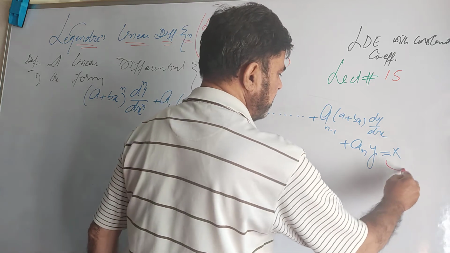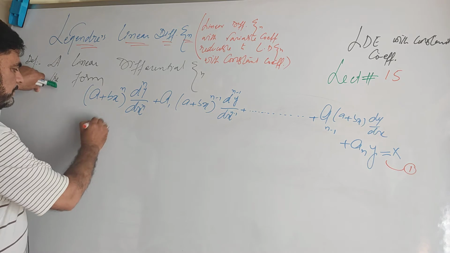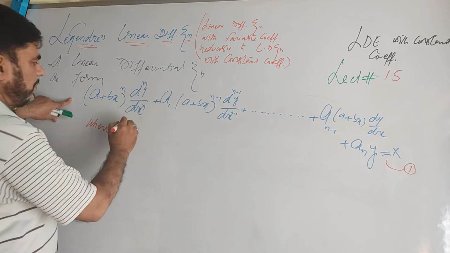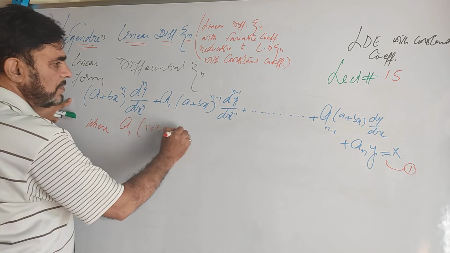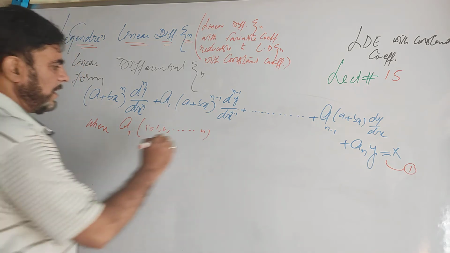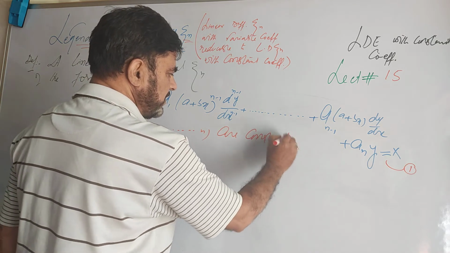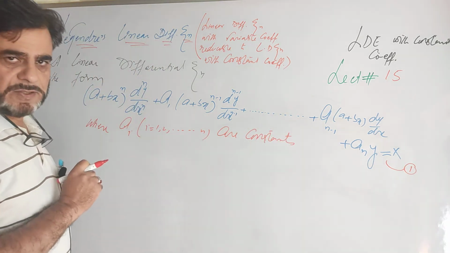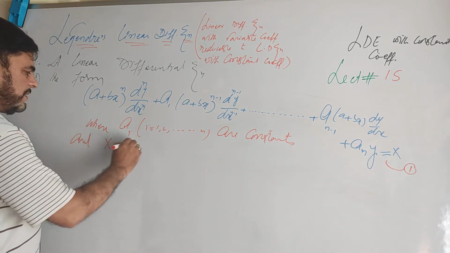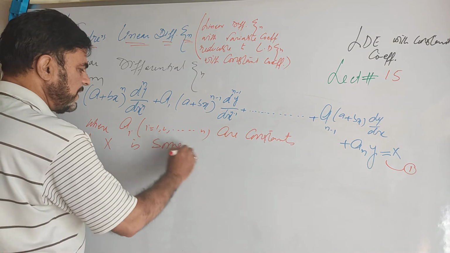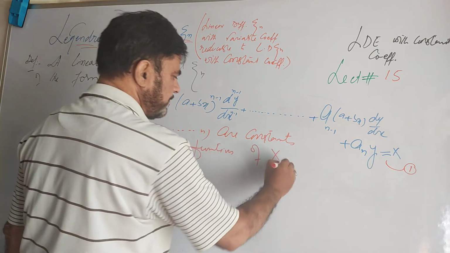This is the differential equation where the ai, with i running from 1 to n, are constants. Please follow the definition that I am first giving you. These are constants, and capital X on the right side is some function of x.